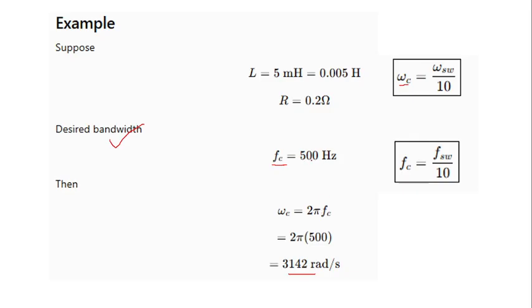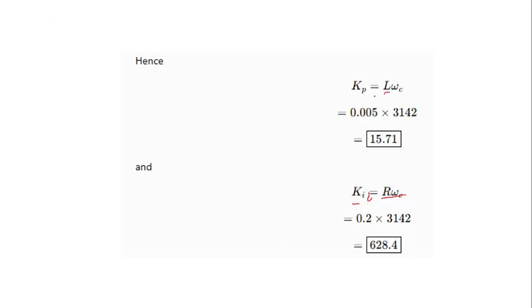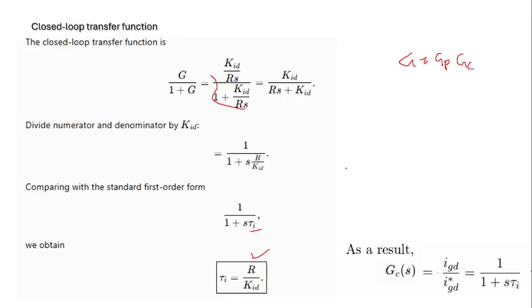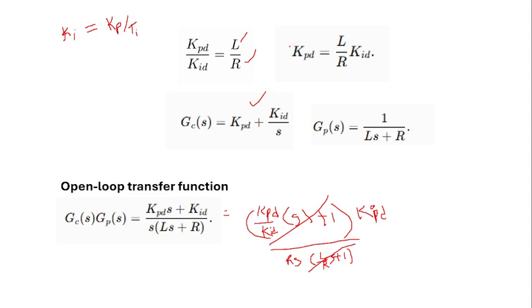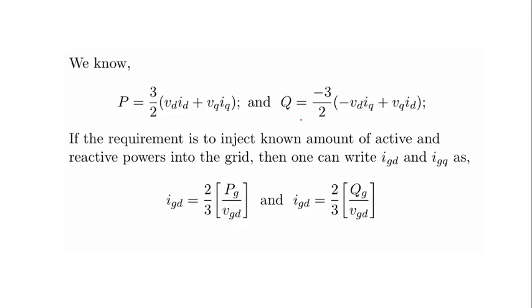Usually switching frequency is taken as 5 kHz, so FC crossover frequency we can consider as 1/10 of that, that is 500 Hz. Then from that we can obtain Ki value, that is R into omega C. So using this Ki we can obtain Kp value by just substituting here. We get Kp and Ki values.